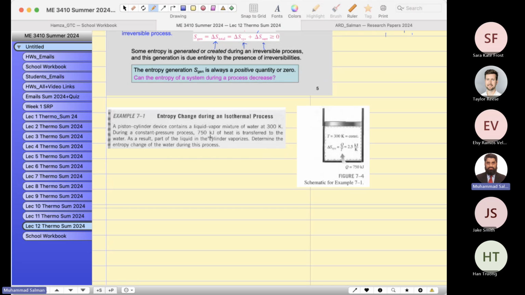During a constant pressure process, 750 kilojoules of heat is transferred to the water. So heat is transferred to the water like it is on a pan, and you are heating water, and part of the liquid in the cylinder vaporizes. Determine the entropy change of water during this process.